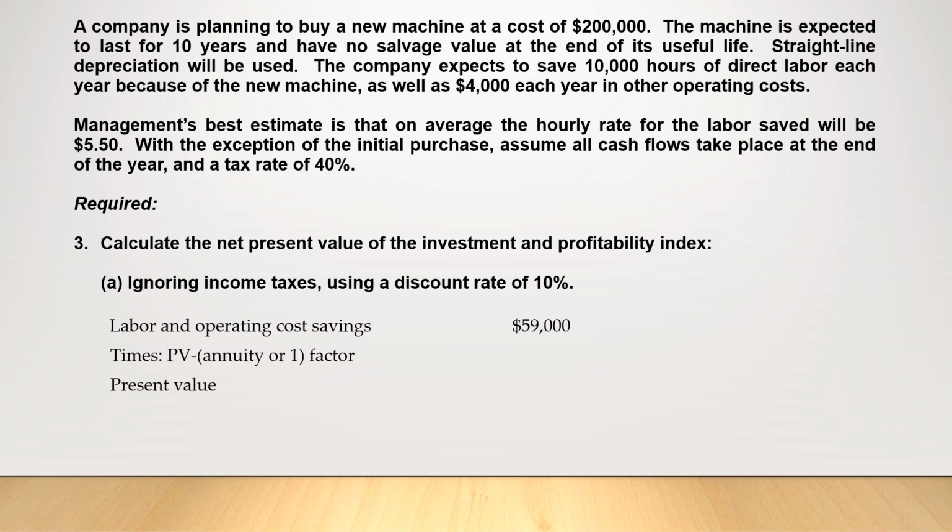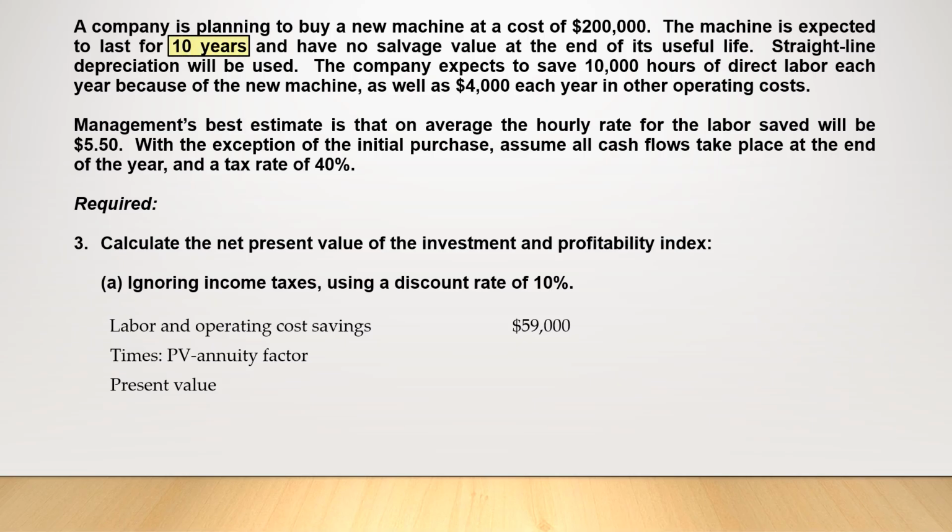Do we use the present value of an annuity or a single amount? An annuity. These future cash flow savings are occurring every year for a 10-year period. That's an annuity. Now we need to pick out the right factor on the present value of an annuity table. It's easy enough.